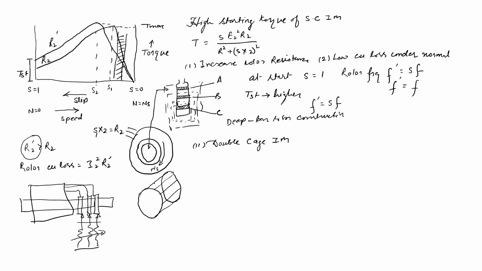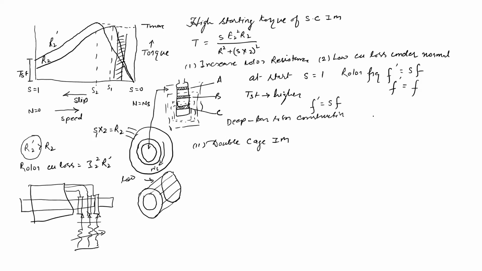These are copper bars of low resistance material, and a single cage is there. Now instead of a single cage, we are using a double cage. Inside, one more cage is there, similar to the upper cage. The only difference is that it is embedded deeply inside the rotor.